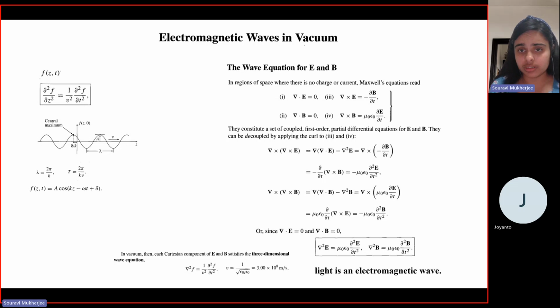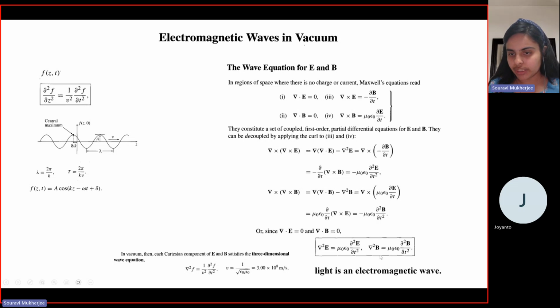Now to recall, if you have a space where there is no extra charge or no current, that means rho and J are zero. In such a space, Maxwell's equations take a form like this. And from here, if you take the curl of E and use the identities, we would finally get an expression like this, making use of the property of the curl of B. This gives you a relation, and here if you put divergence of E going to zero, you would get this wave equation.